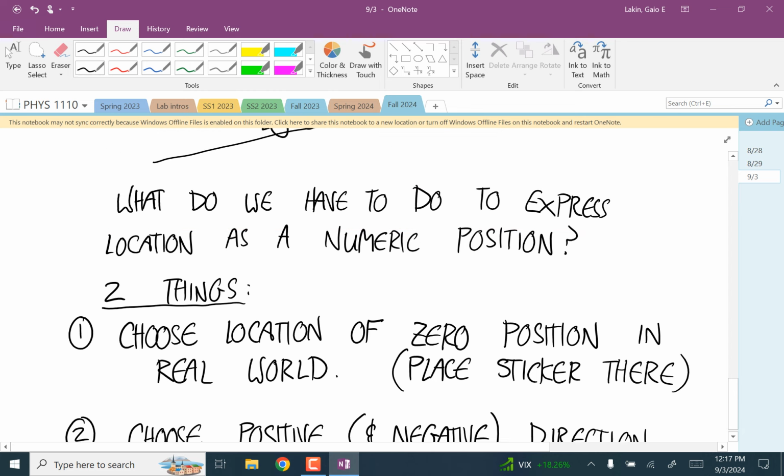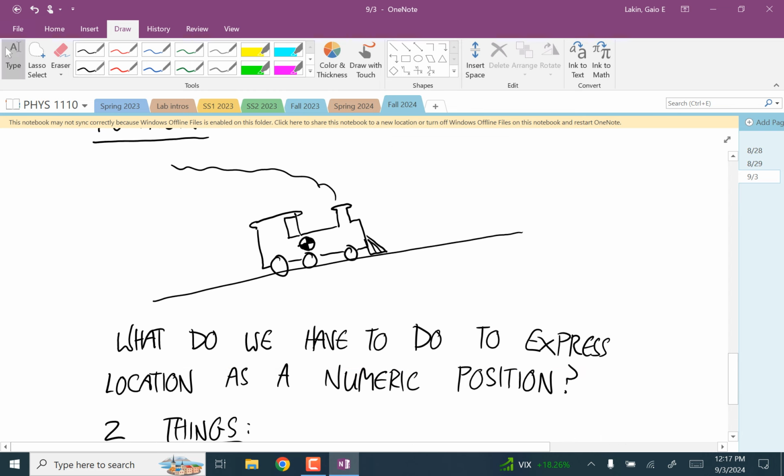Okay, so once you make those two choices, like let's say, here's the sticker that I'm going to put down that says there's the zero. Okay. And now I have to choose the positive and negative direction. Let's say I'll choose this to be the positive and this to be the negative direction. And now we can measure from the zero position to where the train is.